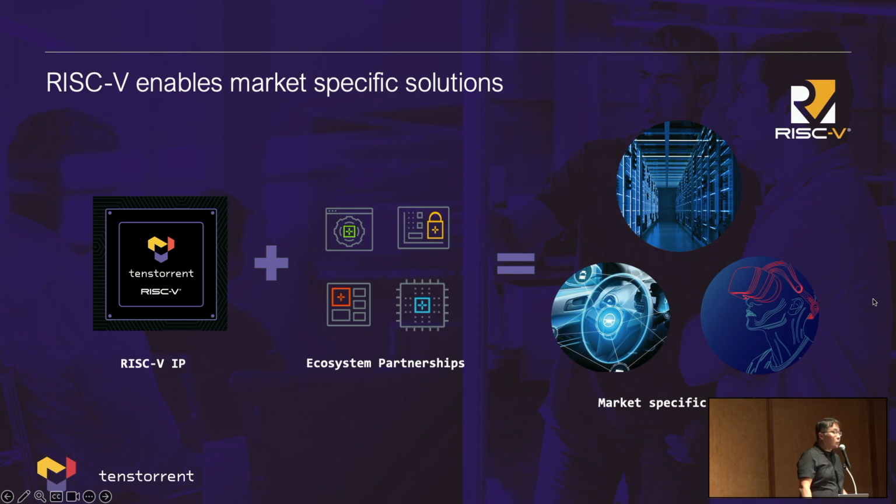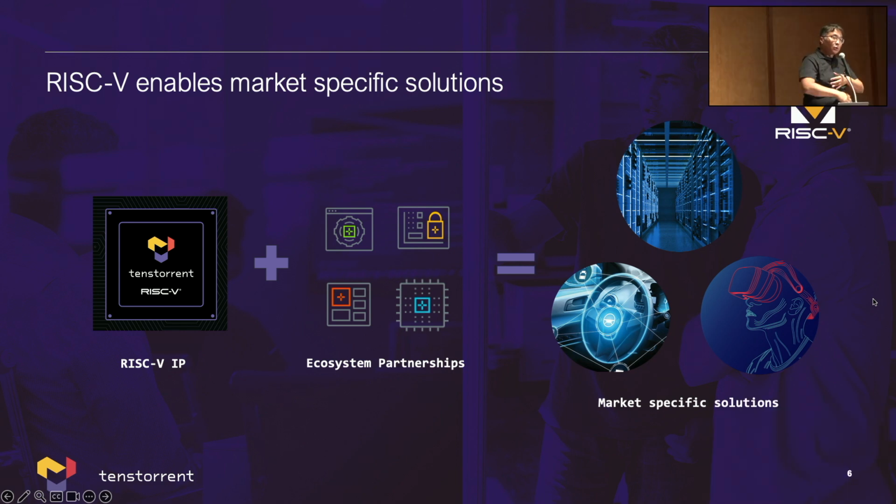I joined Tenstorrent about 3 years ago, from Apple, and started working on the RISC-V high-performance processor. Originally we wanted to use RISC-V general-purpose compute combined with AI. But what's interesting is that once we talked to customers, so many people came to us asking, can we license your technology for this, for that?